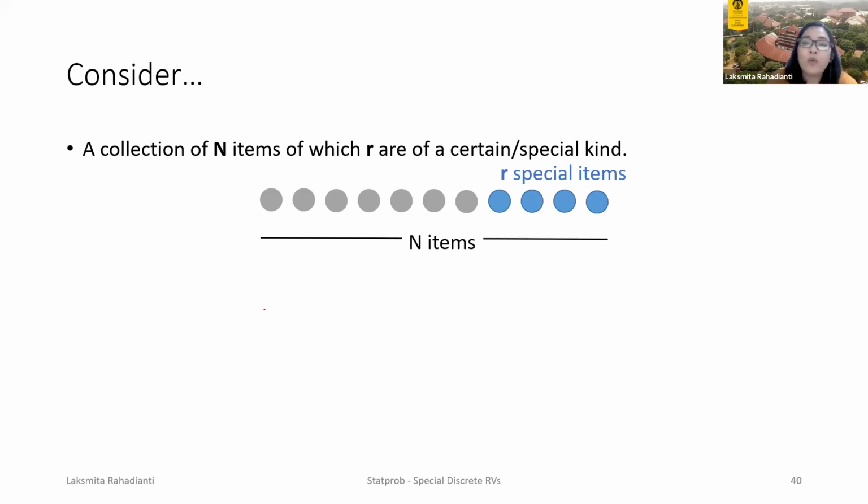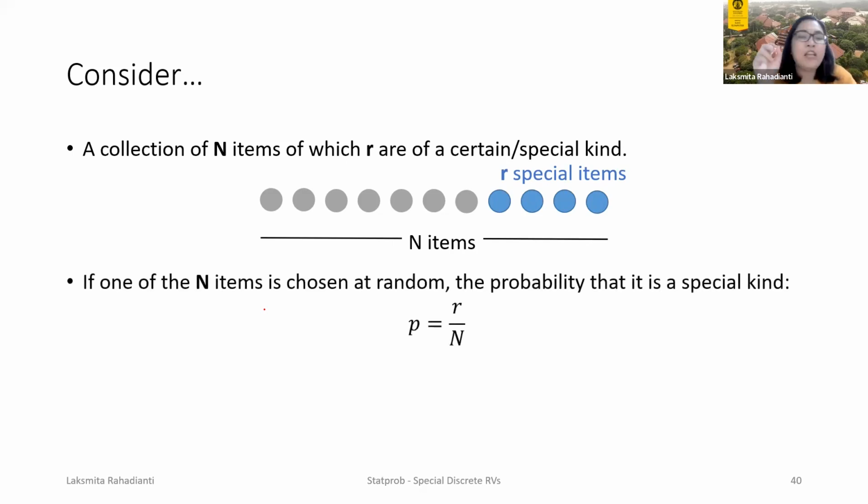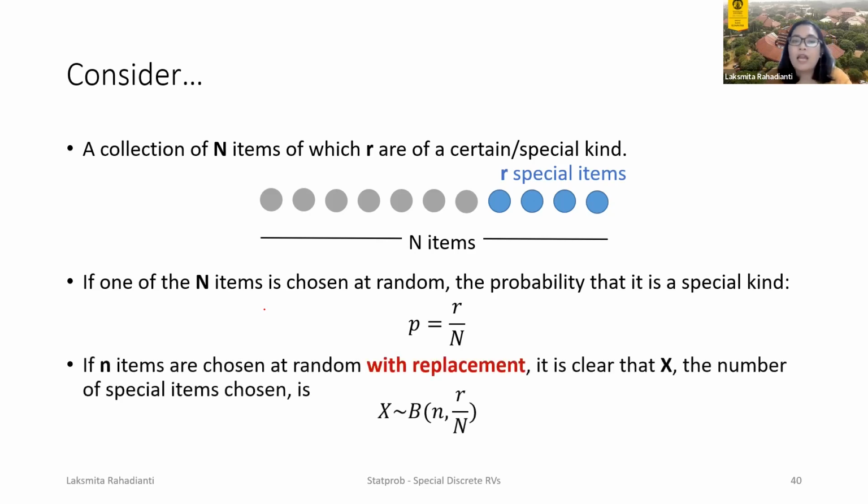And if I go into this store that has N perfumes, among these there are R special perfumes. Then if I choose at random any perfume in that store, any item in that store, the probability that I select a special kind is as follows. Makes sense, right? The number of special items divided by the number of total items. If I choose n items, a fixed number of items, small n, that is chosen with replacement.